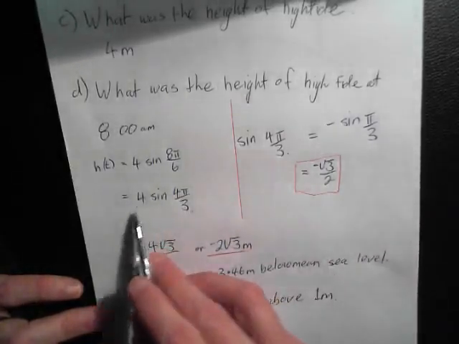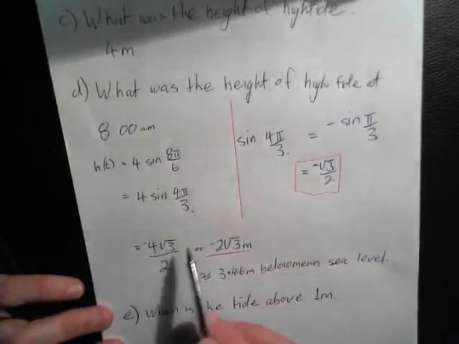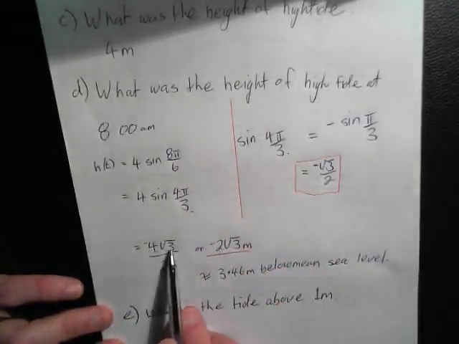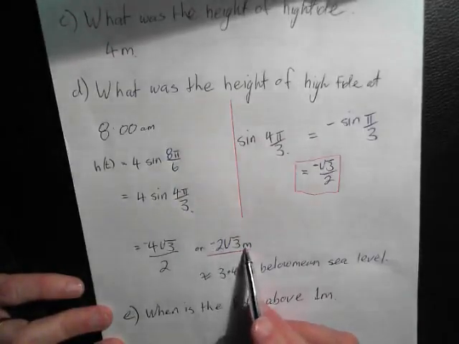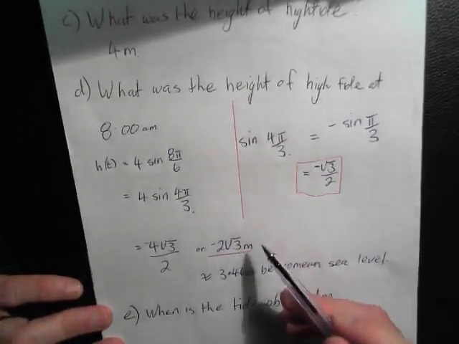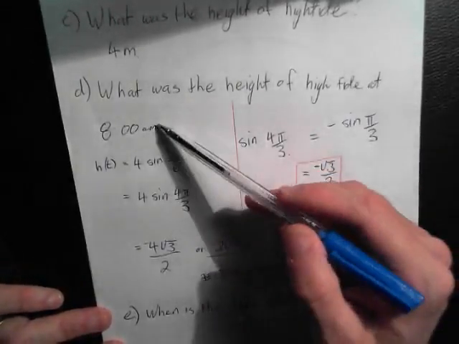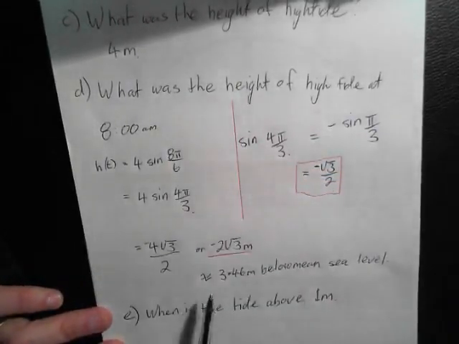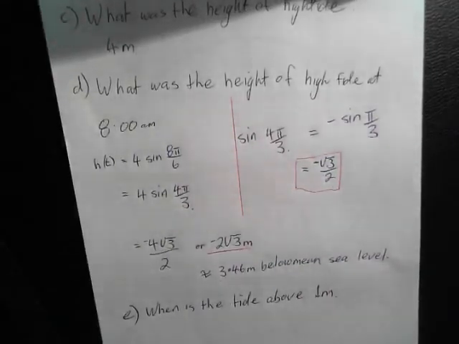So when we sub into this equation, we've got 4 sine 4 pi on 3, so we've got negative 4 root 3 on 2, which cancels down to negative 2 root 3 metres. So negative 2 root 3 metres is the height of the tide, sorry, at 8 a.m. Now, in the textbook, they leave that as an exact answer, negative 2 root 3 metres.